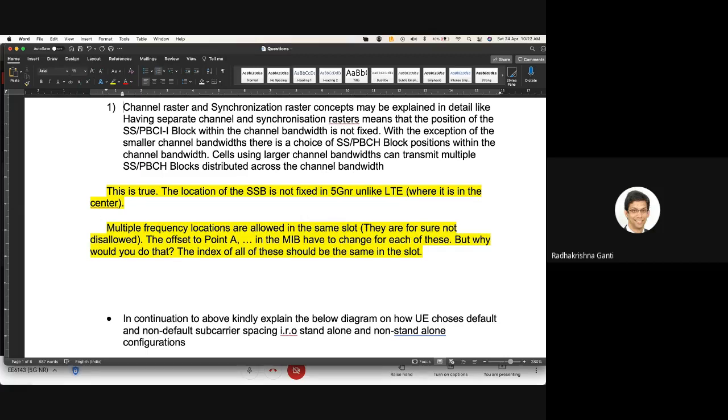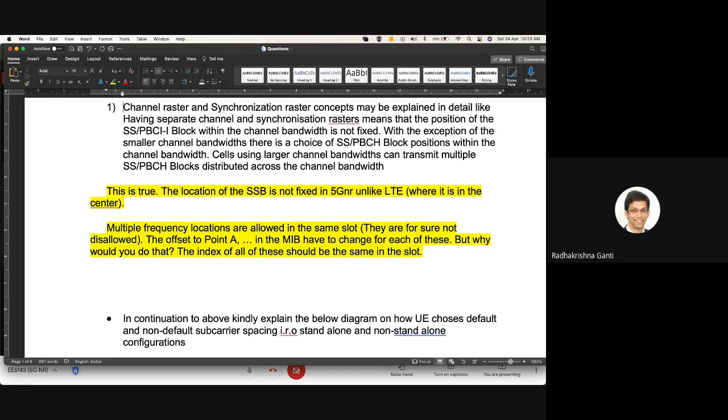Channel raster was there in LTE also, but synchronization raster is something that has been introduced in 5G NR. These two rasters are different, and the synchronization raster has a different delta, that is, how much you search every time, compared to the channel raster.